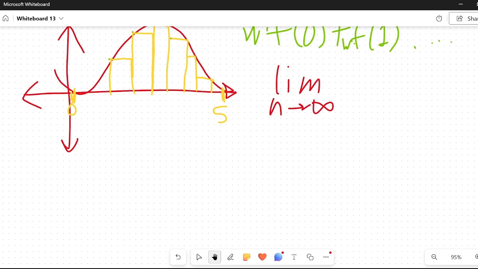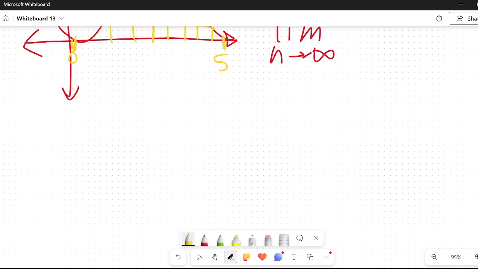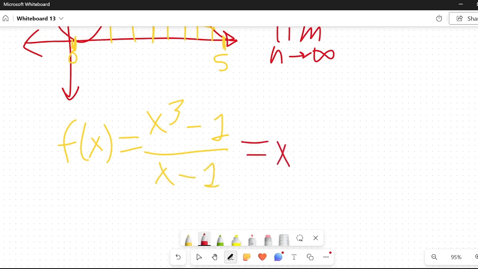Let's say we have a function like so, f of x equals something like this. If we factor this out, it's easy to tell this is just x squared plus x plus 1, since if we divide out an x minus 1, we'll get something like this.